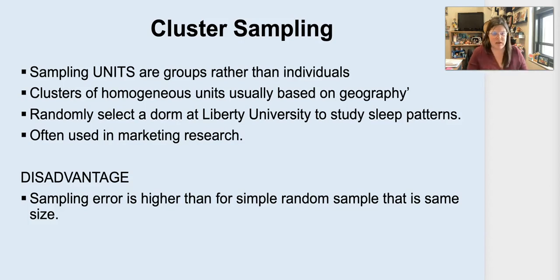Cluster is going to be sampling units as groups, so this could be sampling a class or a dorm. However, it is not necessarily going to be equal across all populations, so there may be sampling errors that take place.